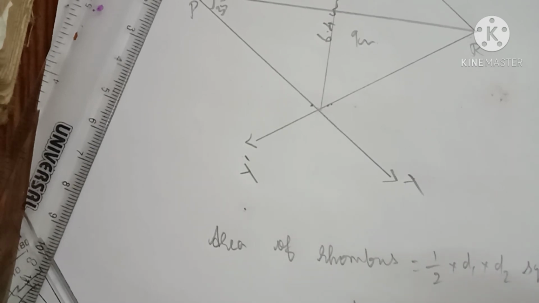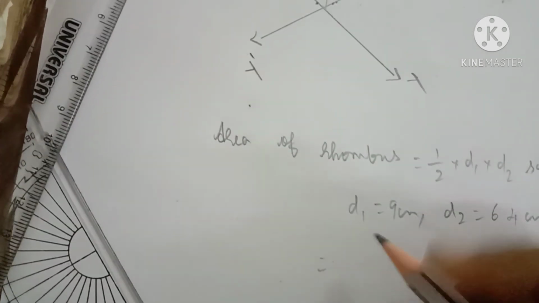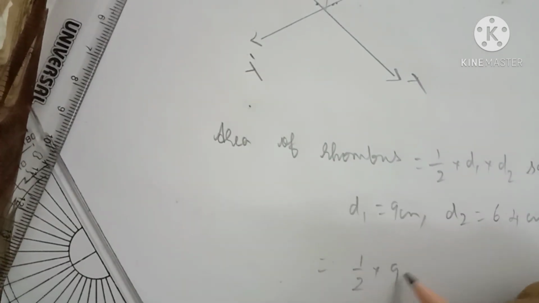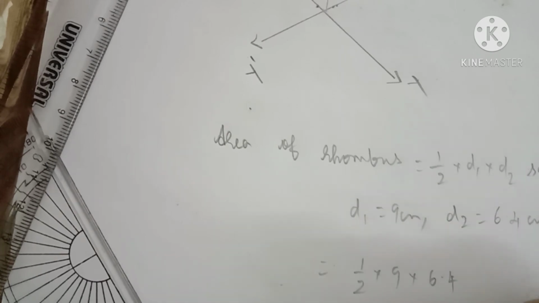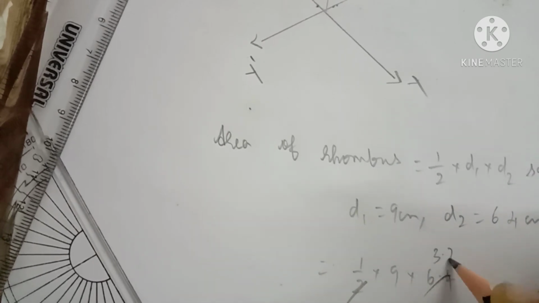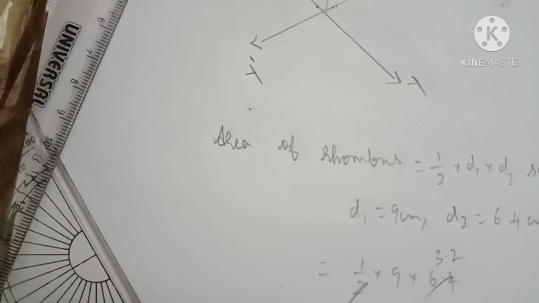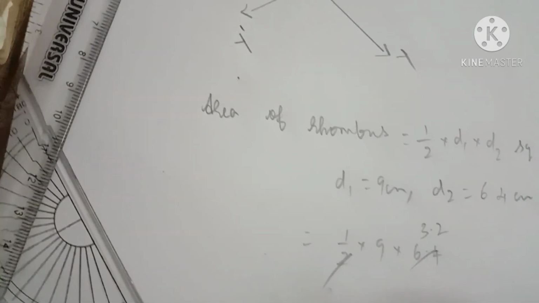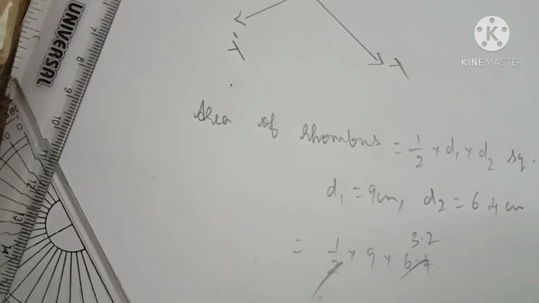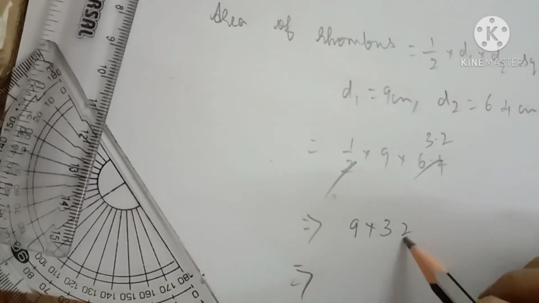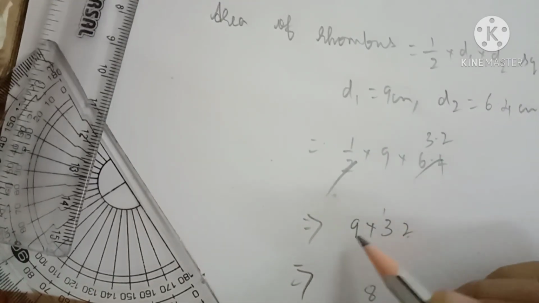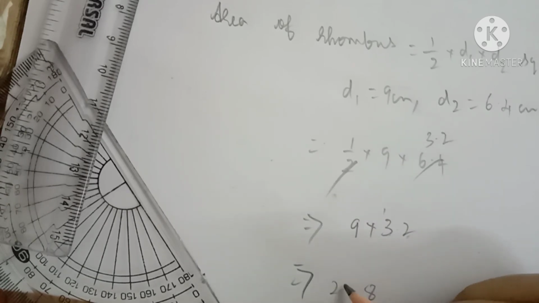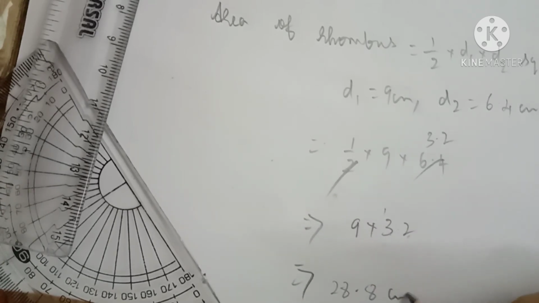D2 is equal to 6.4 centimeter. Therefore, half into 9 into 6.4, in 2 table 3.2. For 9 into 3.2, 9 2s are 18, carry 1, 9 3s are 27 plus 1 is 28.8 centimeter square.